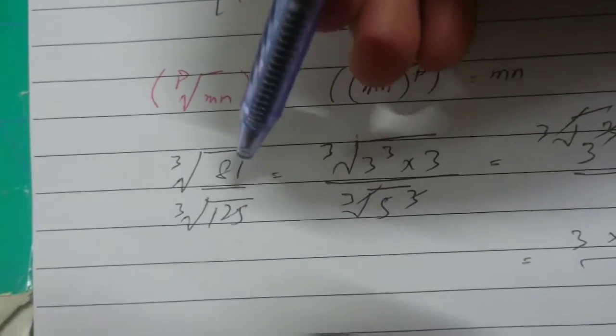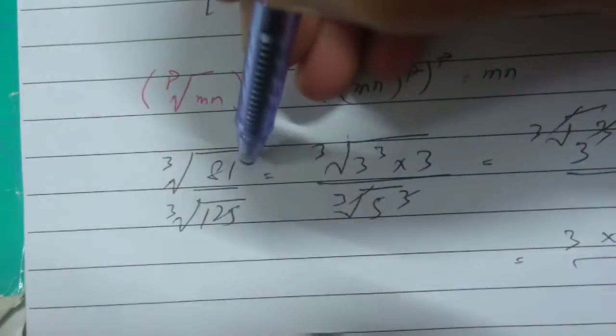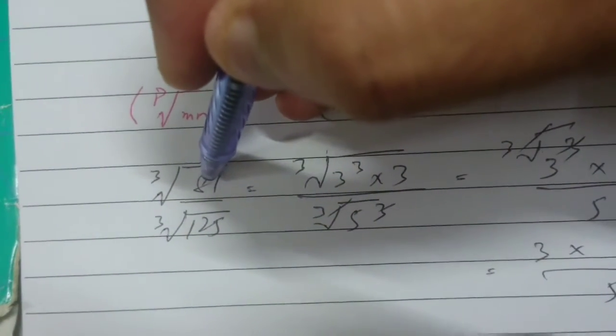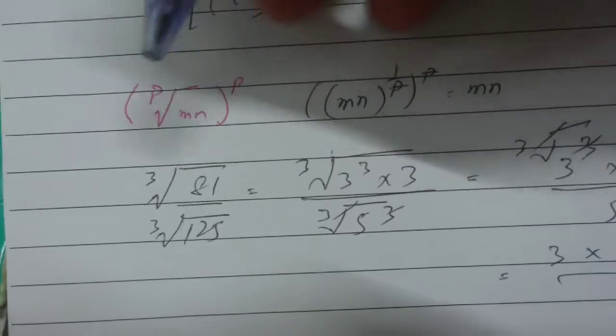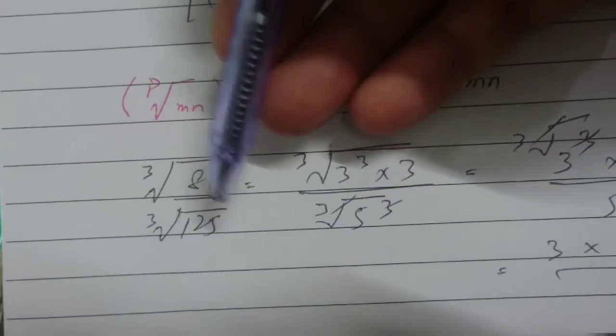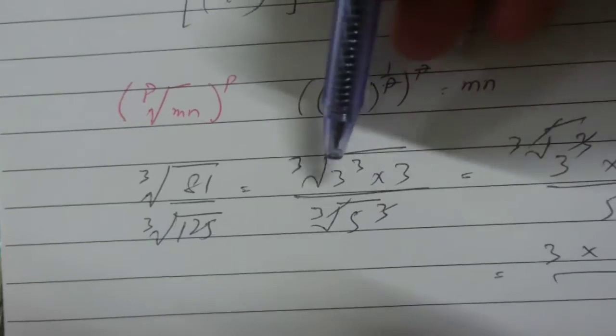You can see another question like this: the root of cube on 125 and 81. Remember, if you take out the LCM of 81, it goes 3 times 3 times 3 times 3, four times.